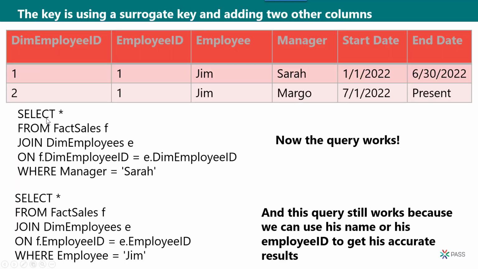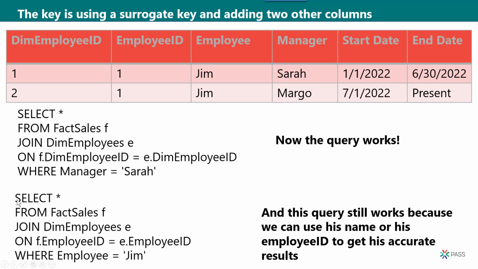So when we say where manager equals Sarah, it pulls this record and joins that to all of the sales assigned to that record. And if we said give me where manager equals Margot, that would pull the surrogate key, the new primary key, 2, and that 2 would join to all of the 2 records in the fact table, and we would get an accurate result for all of Margot's sales.